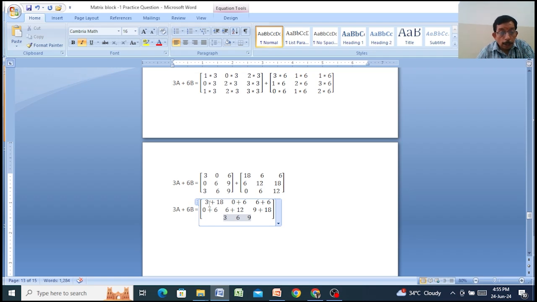Now the last row, first column element is 3, the corresponding element is 0, then add 3 plus 0. The second last element is 6, the corresponding element is also 6, then 6 plus 6. Now the last element of the matrix is 9 and the corresponding element is 12, so 9 plus 12.